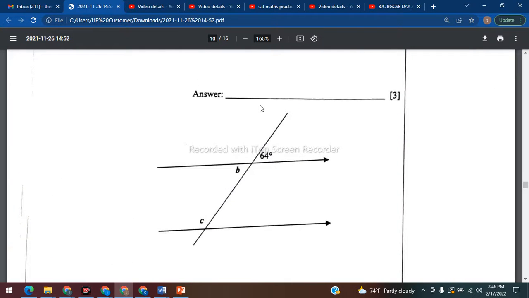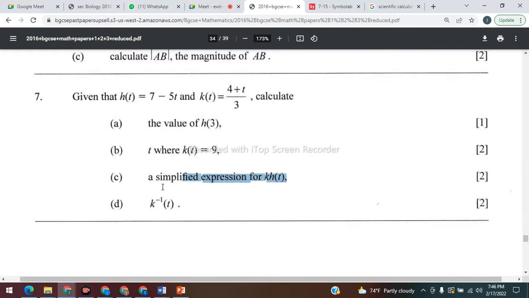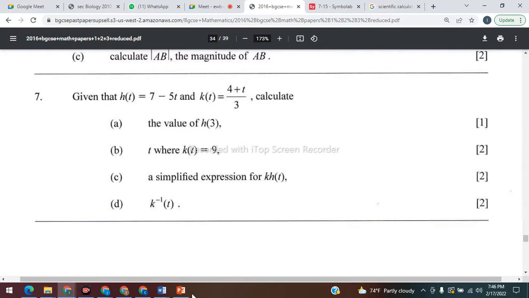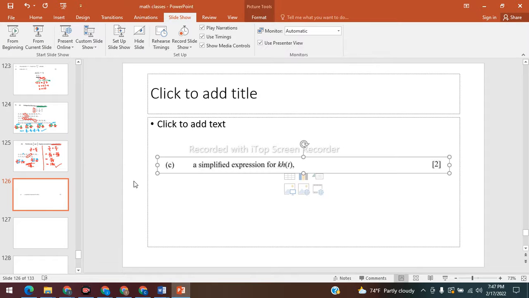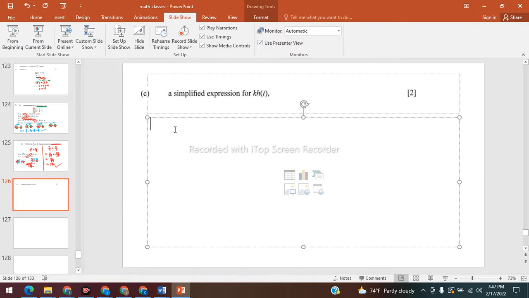Good. Okay, so let's go back to finishing up our simplified expression. So we have to write an expression for k of h of t. Just write this down for this question.